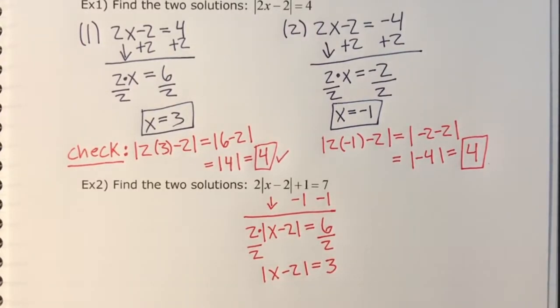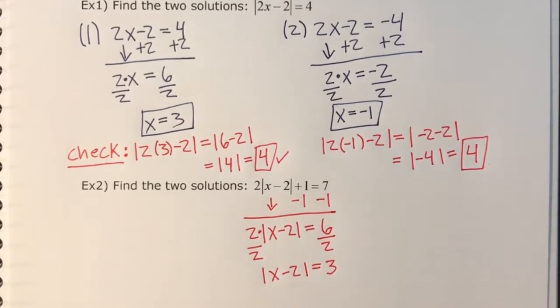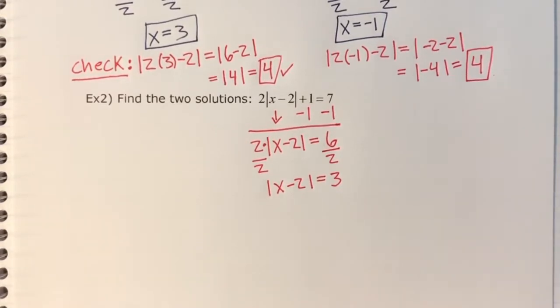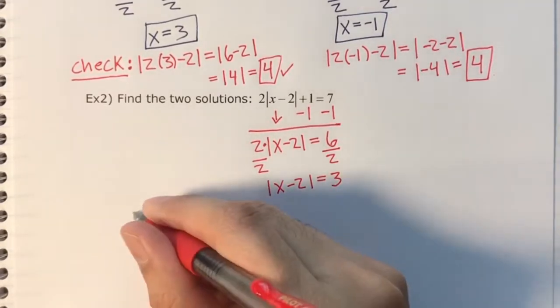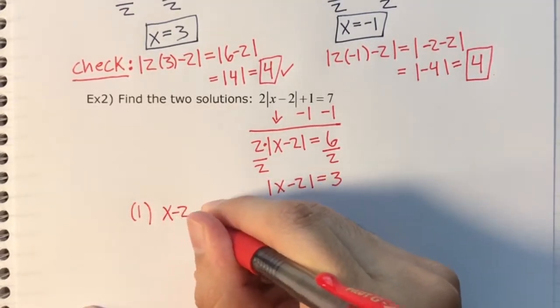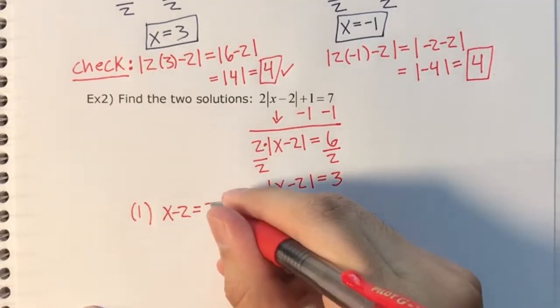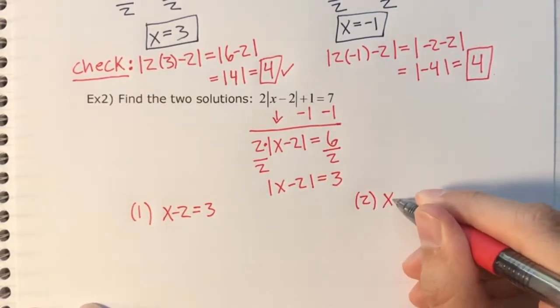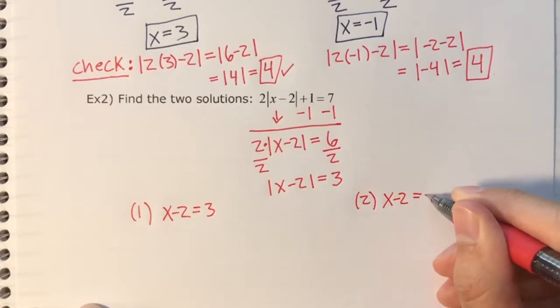Okay? Now, I wrote in red, so I'm going to continue writing in red, but I'm going to check with a blue this time. Let's go all the way down. Now, we're going to break this into 2 parts. Okay, I'm going to do the first part over here. So we have x minus 2 equals 3. And I'll put the second part over here. x minus 2 equals negative 3.